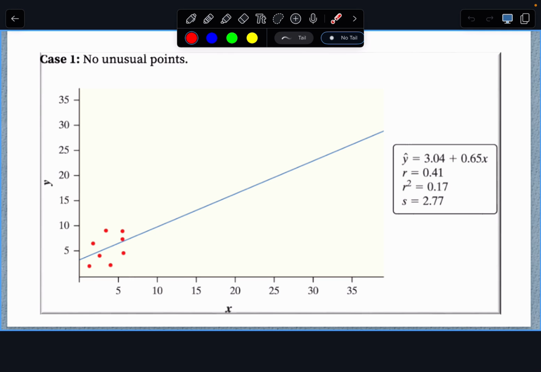What does that correlation tell us about the association? 0.41 would be moderately weak, right? So a moderately weak linear association, okay, with the scatter plot in play there. We've got a correlation squared of 0.17, so 17% of the variation in y is accounted for by the model. And then we get a residual standard deviation of 2.77.